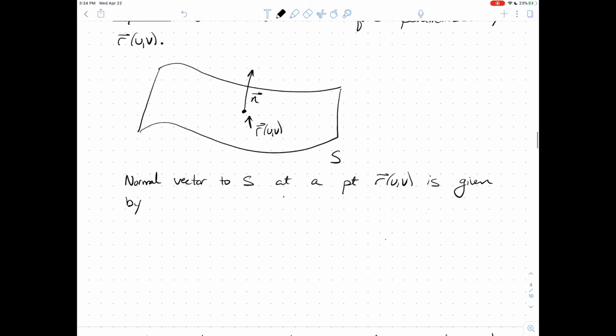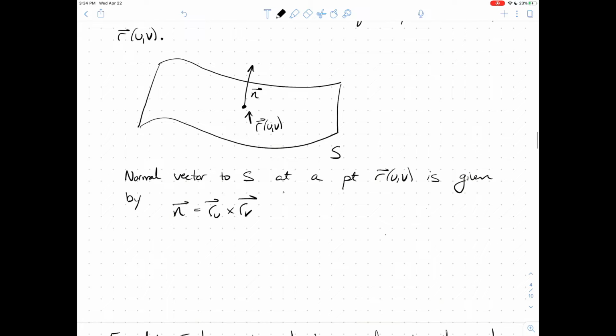It turns out that the normal vector to S at a point R of U and V is given by N equals R partial U cross R partial V. And you are absolutely allowed to ask, what is R partial U? What does that even mean? That's not quite the way that we've used the language.